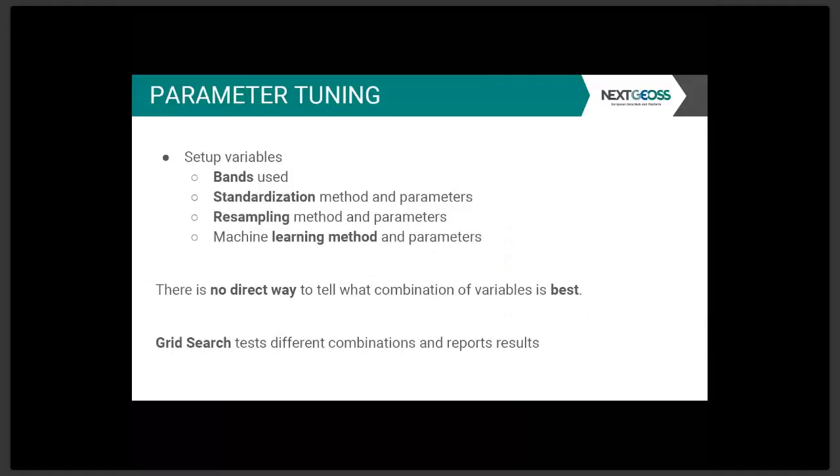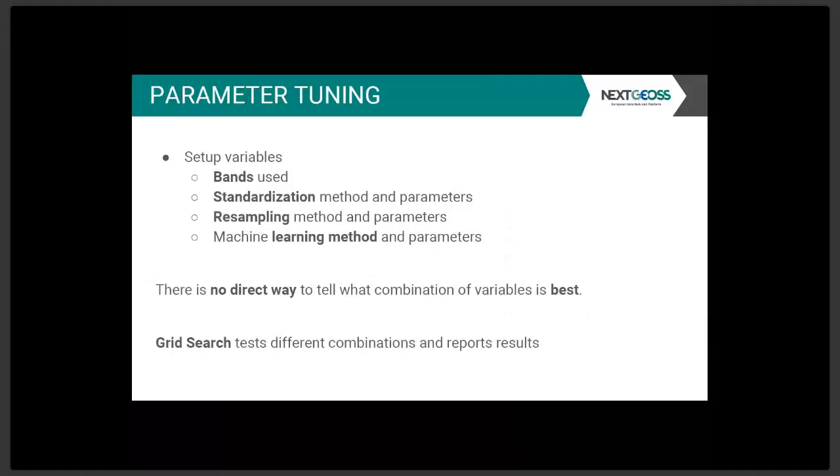So the way we set all these different parameters is by doing grid search. We define a set of possible values for each parameter, and we train all the different combinations. And at the end, we have a report of all the results of these experiments, and then we can make decisions based on those results.